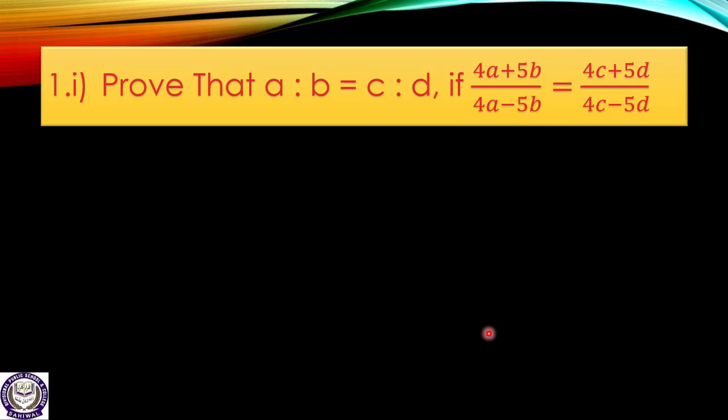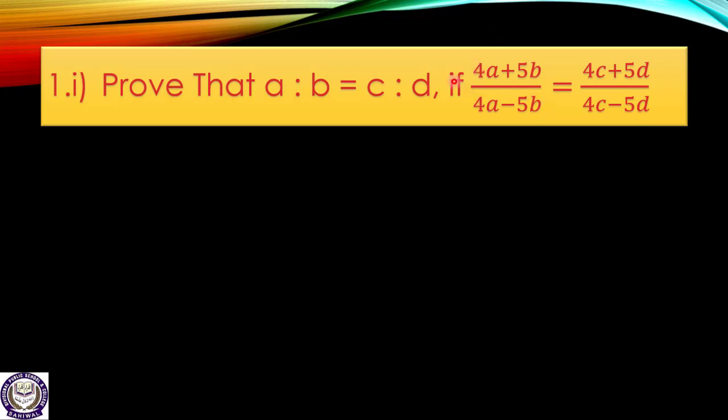We have to prove that a ratio b is equal to c ratio d if we have (4a + 5b)/(4a - 5b) equal to (4c + 5d)/(4c - 5d).